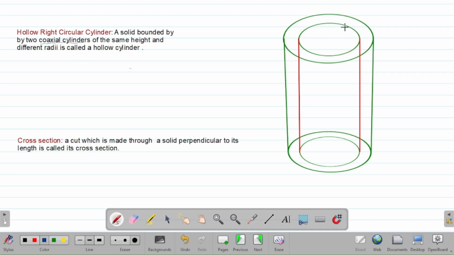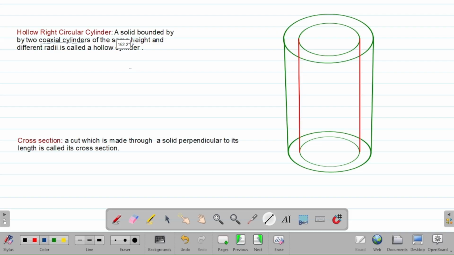Think of these cylinders, which are coaxial to the outer cylinder. Now let's draw the height.